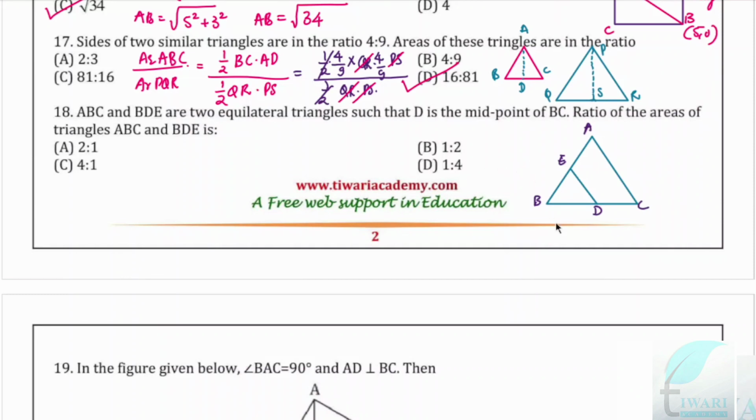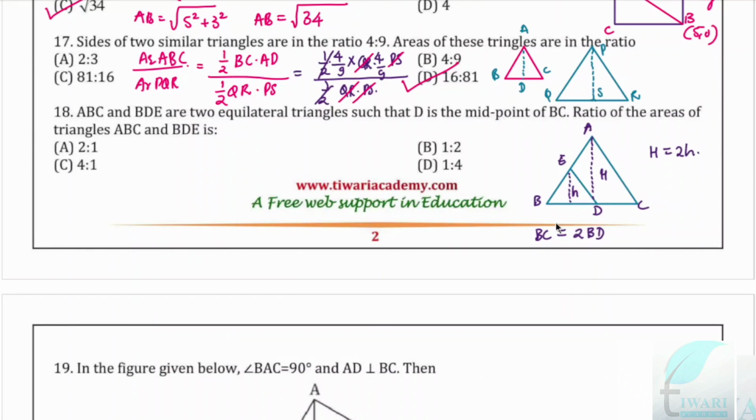So we can write BC is equal to 2 into BD because D is the midpoint of BC. So let the height of the bigger triangle be H and the smaller triangle be small h. So H can be written as 2 into small h.